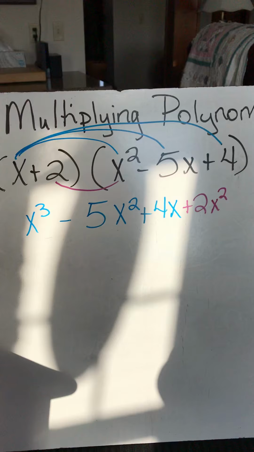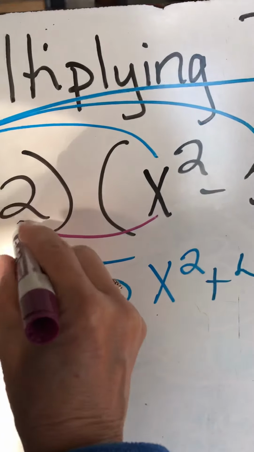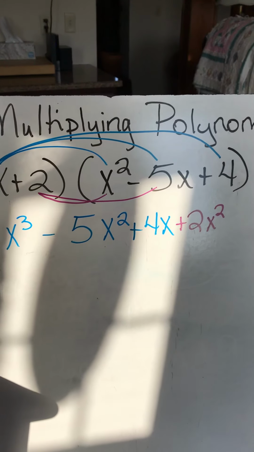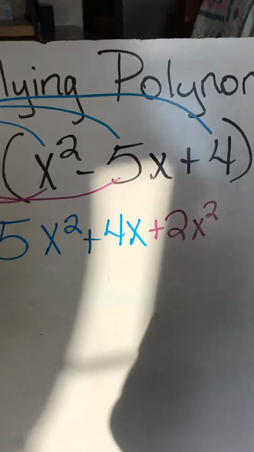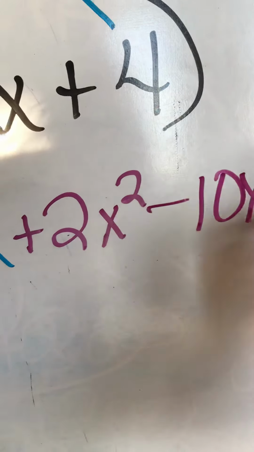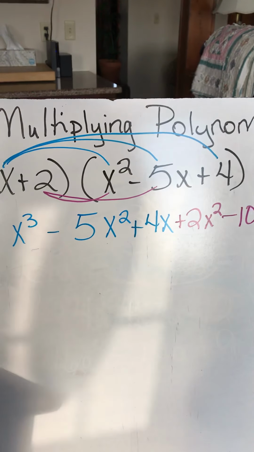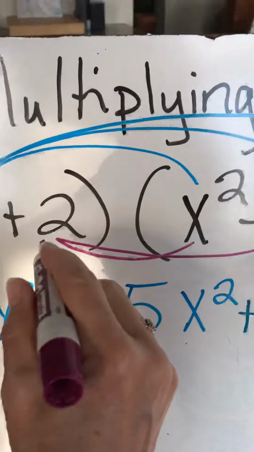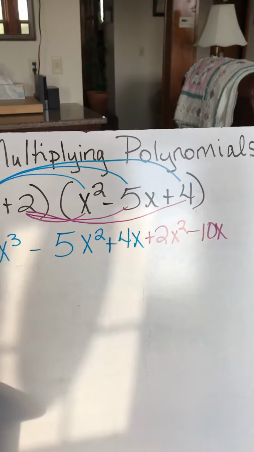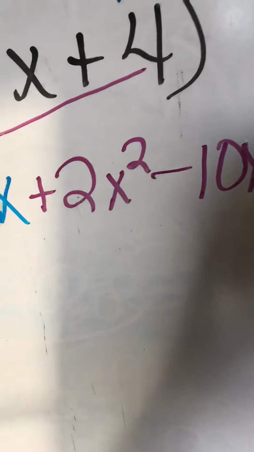Now I've got to take the 2 times the negative 5x. 2 times negative 5x would be a negative 10x. And the last thing I've got to do is take the 2 times the 4. A positive 2 times positive 4 would be a positive 8.